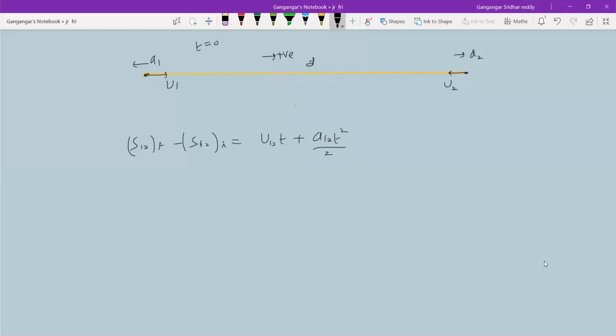Earlier we took A, B. Now the particles 1 and 2 are there, so the symbols will change here. The final separation: when they meet, the separation will be 0. So particle 2 is ahead of particle 1, so you write it, no problem.